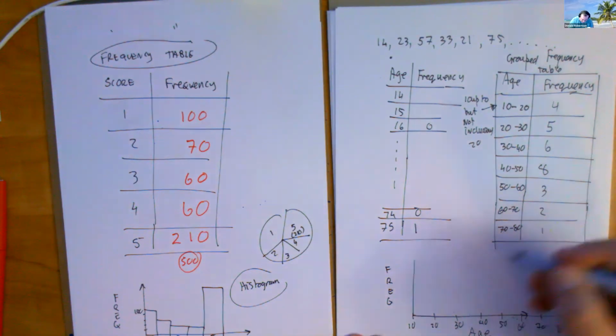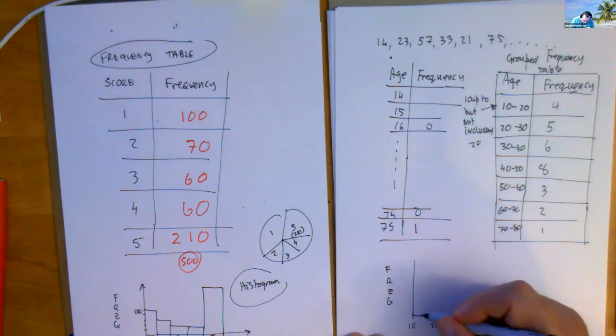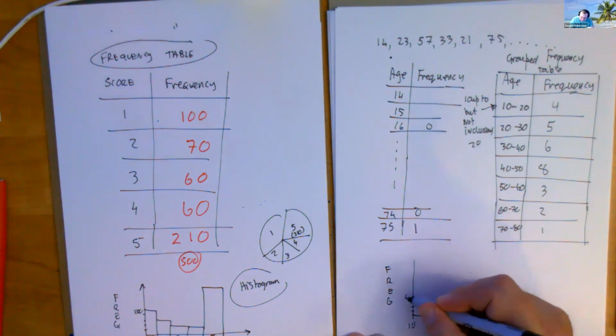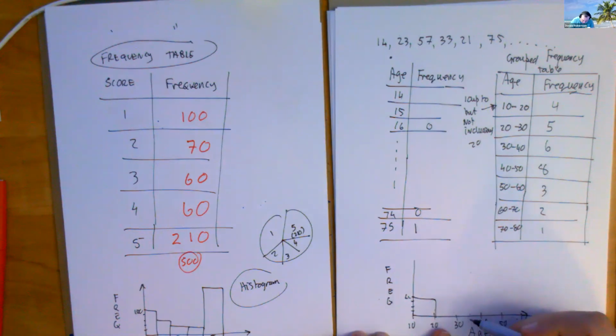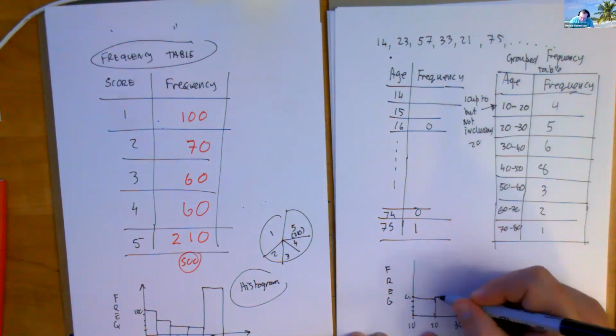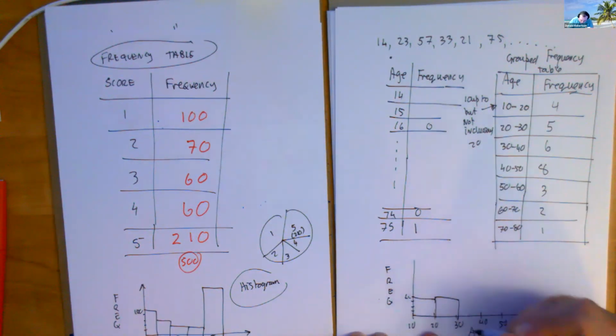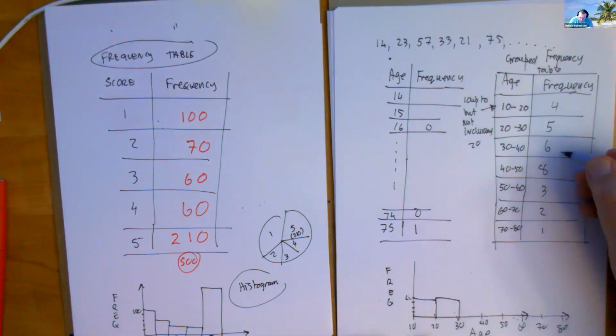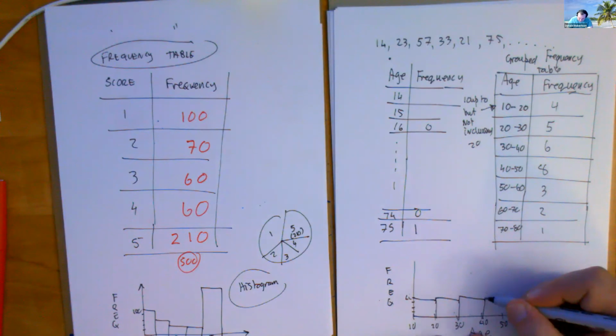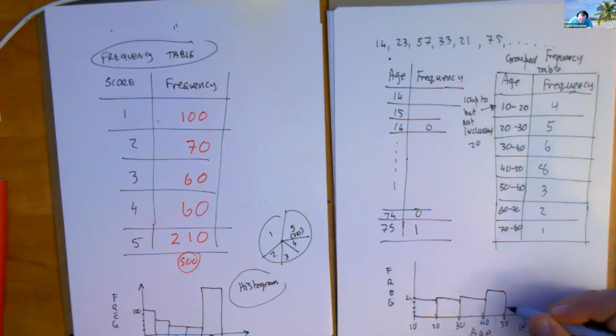And the first group is 4, 10 to 20. 1, 2, 3, 4. And then the next group, the 20 to 30s, is a little bit higher, 5. The next group is a little bit higher, 6. Next group is noticeably higher. Next group, 3, 2, and 1.